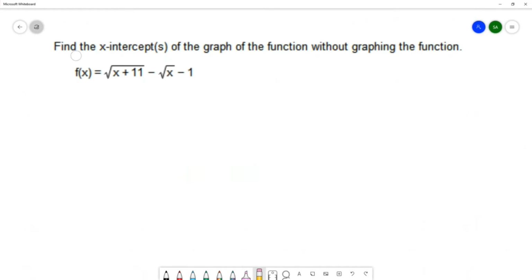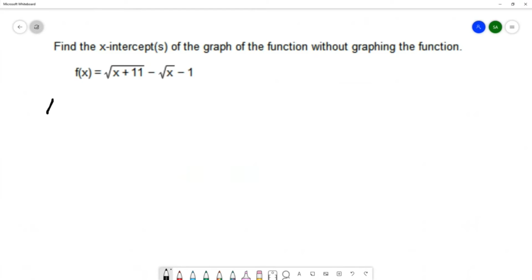On this example, we want to find the x-intercepts of the graph of the function without graphing the function. Our function is f of x equals the square root of x plus 11 minus the square root of x minus 1. And we want to find the x-intercepts of this function.